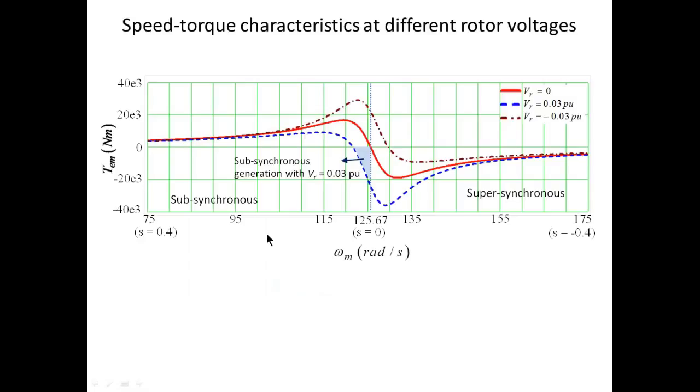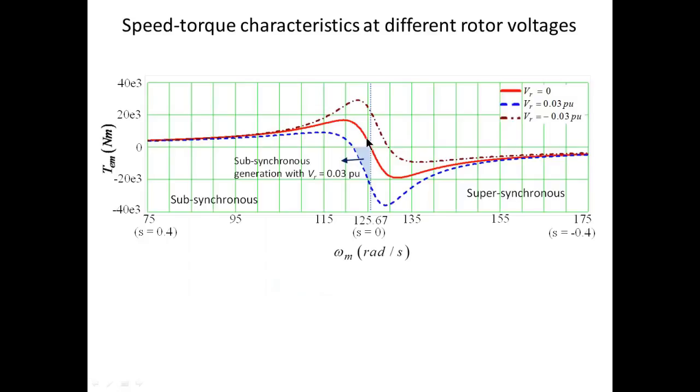Any speed less than that, you are operating in the subsynchronous mode or positive slip, and any speed higher than this, you are operating with the negative slip or corresponding to the supersynchronous mode of operation. So positive slip with 0 rotor side converter voltage corresponds to the conventional induction machine operating as a motor.